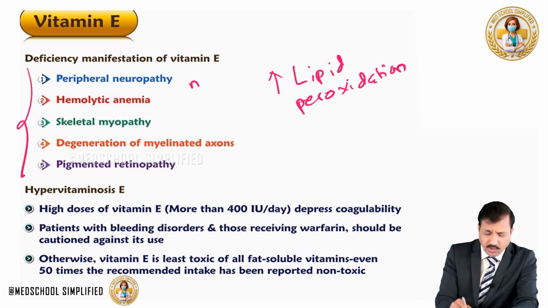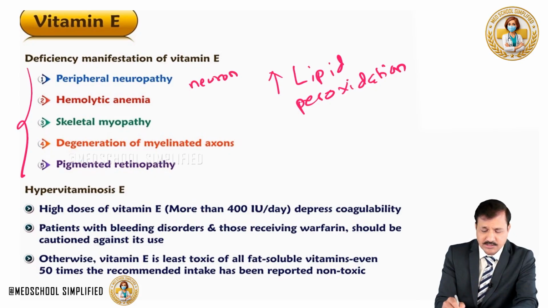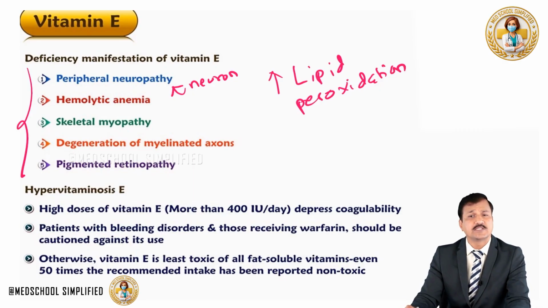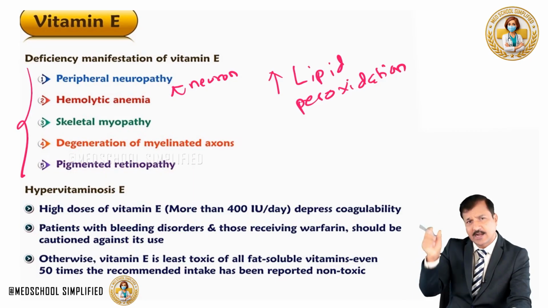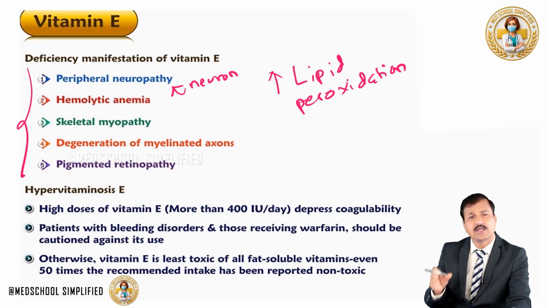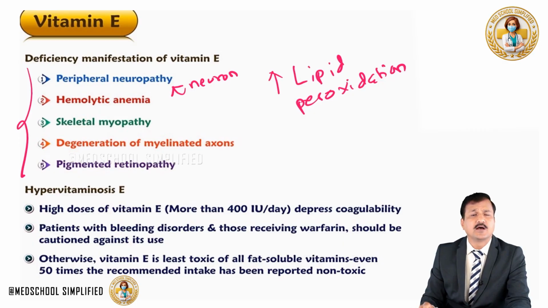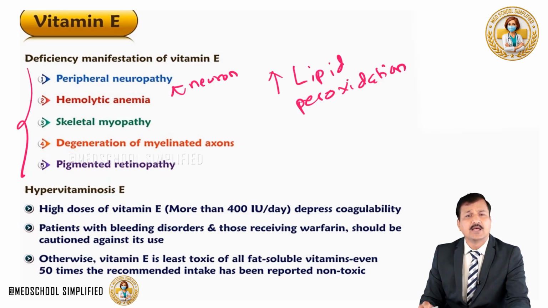If this happens in the neurons, when lipid peroxidation is going on over the neurons, it can give rise to peripheral neuropathy. Imagine long myelinated neurons in the spinal cord all along the tract. The membrane needs to be protected, and that protection has to be done as a first line of defense by having sufficient vitamin E. So if vitamin E deficiency is there, that can lead to demyelination of the neuron or neuronal degeneration, thereby causing peripheral neuropathy.